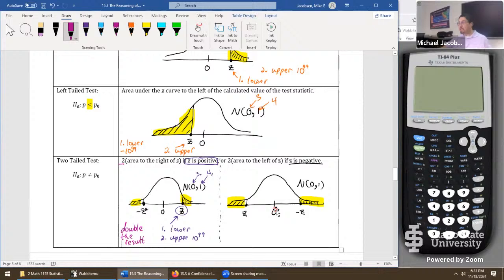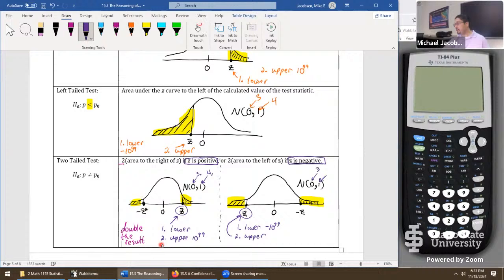Let's write it down again, just to be completely descriptive, because this is tricky enough to leave it hanging. If z is negative, that means we're focusing on z right over here on the left end, and our information over here will change. We'll say 1 lower is now negative 10 to the power 99. 2 upper is the z test statistic.